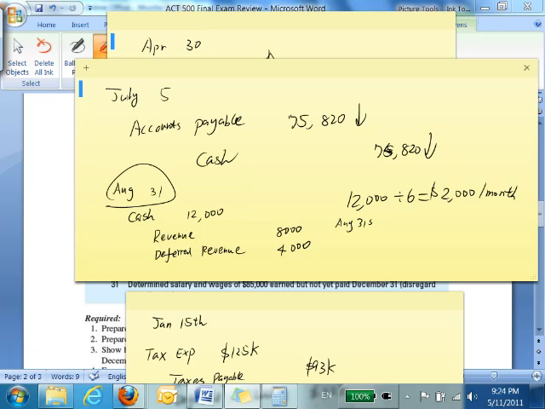And from August 31st to December 31st, how many months? 4 months, right? And 2,000 times 4 is $8,000. This is a correct way to explain it.